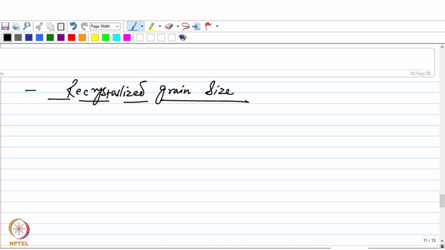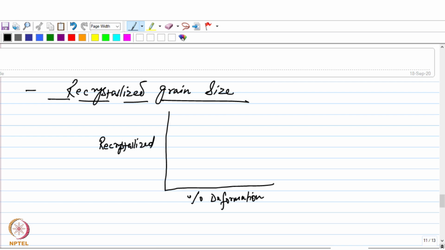So for any given material, if you plot the recrystallized grain size against the percent deformation, which could be, let's say, percent elongation, if you have deformed in tension, for example. So as the degree of deformation increases, the grain size will be finer.